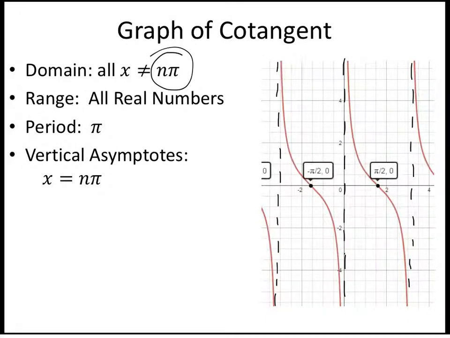Now, this means that this function does not pass through 0, 0, but it is still an odd function. So this is one of the few odd functions that does not pass through 0, 0. If I were to take this y-axis and flip it down and around 180 degrees, it would still lie on top of itself here in the third quadrant.